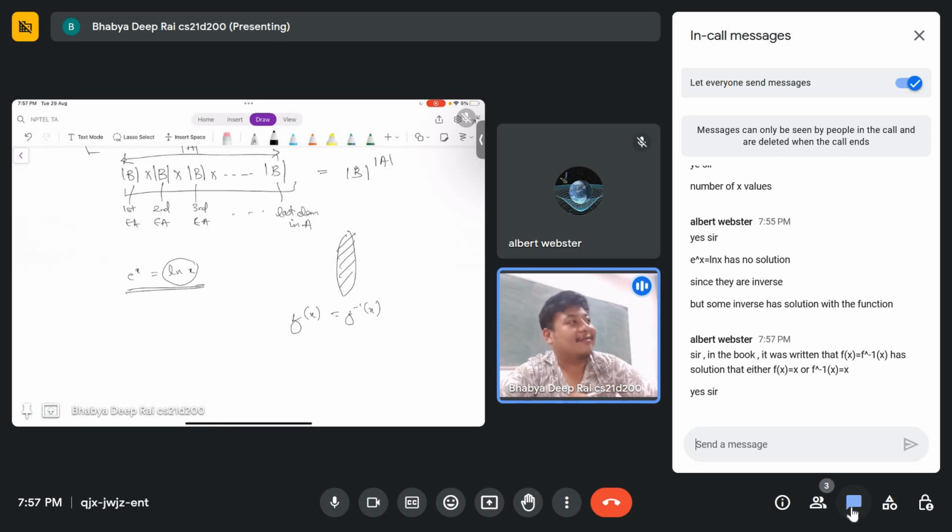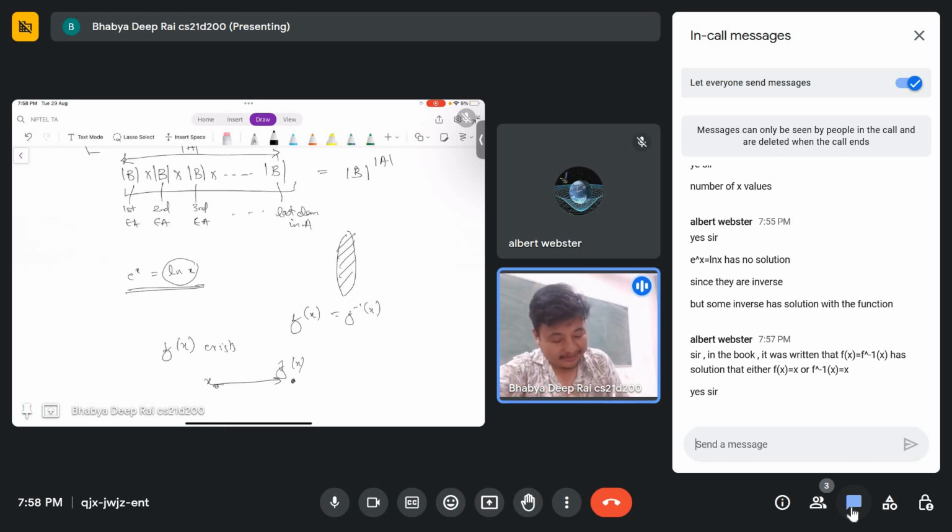Well, such an x necessarily need not exist, right? The moment that you say f of x exists, it means that there is some y. So if f of x exists, some x had mapped to that f of x, right?